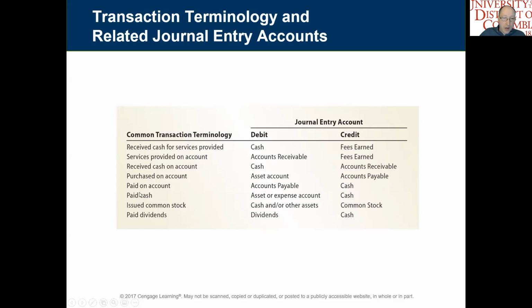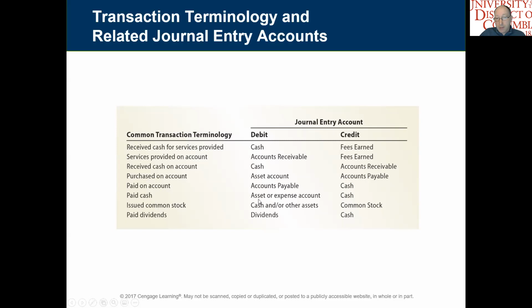In our next transaction, it looks like we are paying for one of our expenses, maybe a utility bill or something. We're going to pay that in cash. So it says paid cash is the transaction.